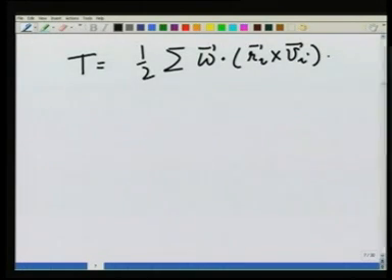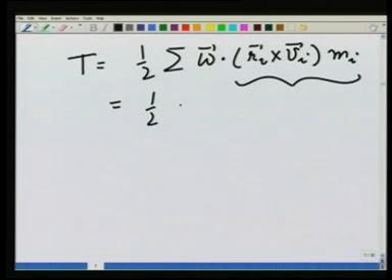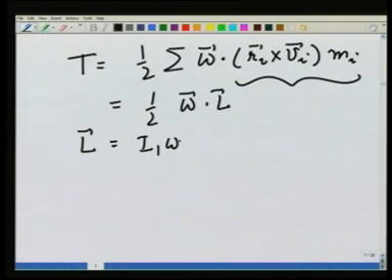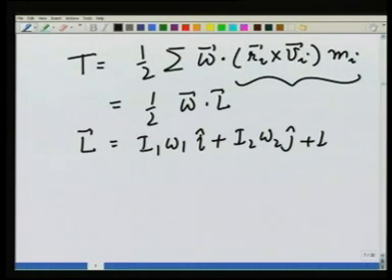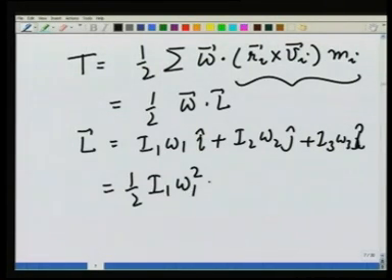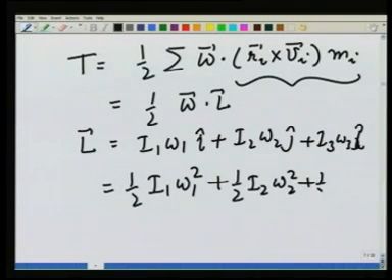I am deliberately writing mi on this side, and this summed over is L, which is 1/2 omega dot L, and using L equal to, in the principal axis notation, I1 omega 1 i plus I2 omega 2 j plus I3 omega 3 k, this comes out to be 1/2 I1 omega 1 square plus 1/2 I2 omega 2 square plus 1/2 I3 omega 3 square.